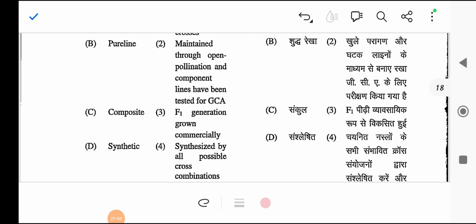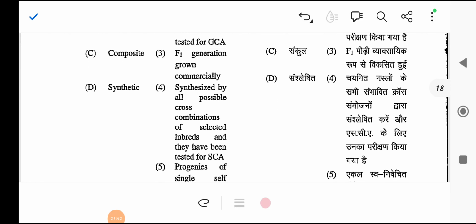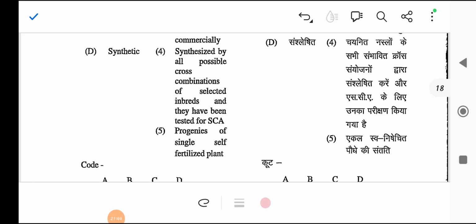Pure line is what? Pure line is progenies of a single self fertilized plant. There is no mixture of genetic information. Pure line is when one generation is grown multiple times, single self fertilized for multiple times.